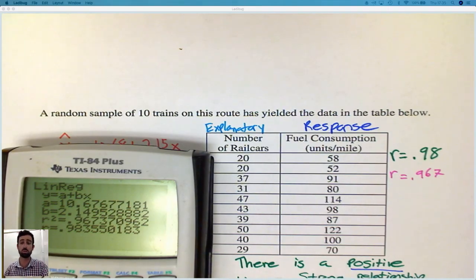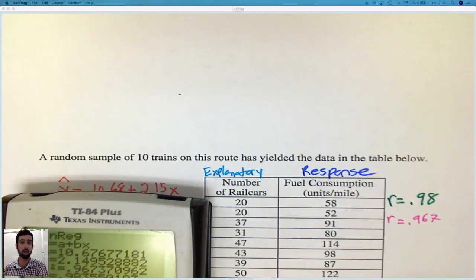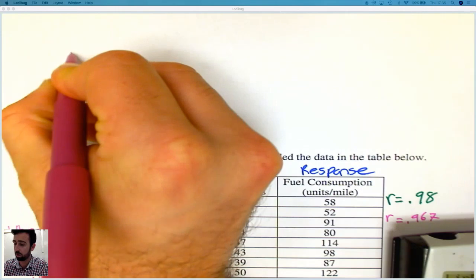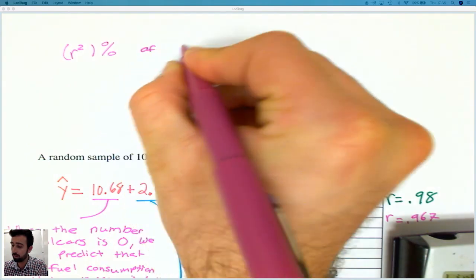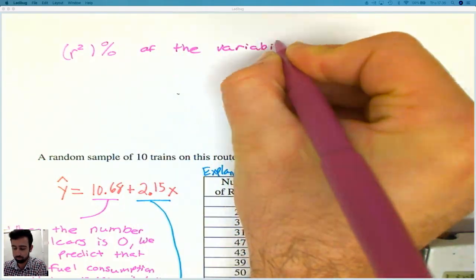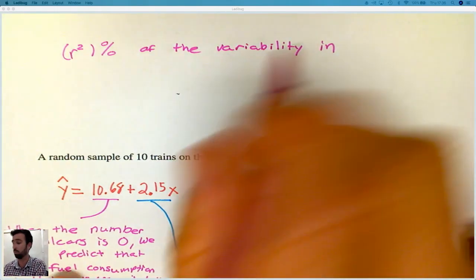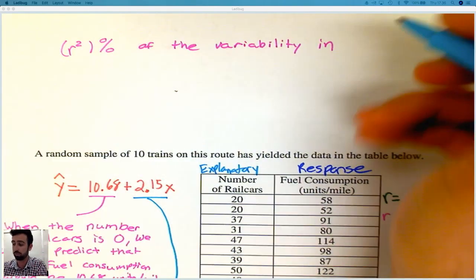So here's how you do it. First, I'll just give you the sentence starter, Jason, and then I'll actually plug it in with this specific context. So you would always start with the actual R squared number, and you would say that percent of the variability in, and then here you're going to insert your Y. So I'm going to do a different color just so you know this is where you insert something specific to whatever the context is.